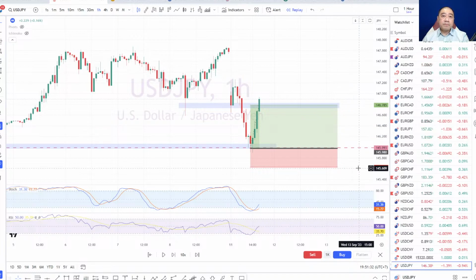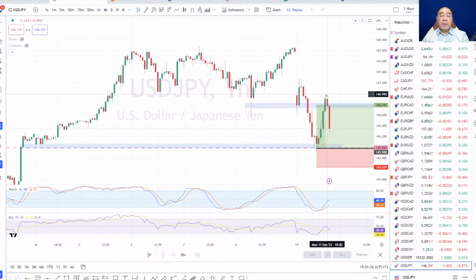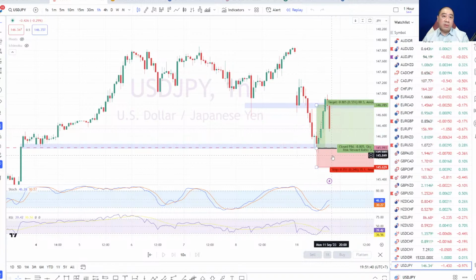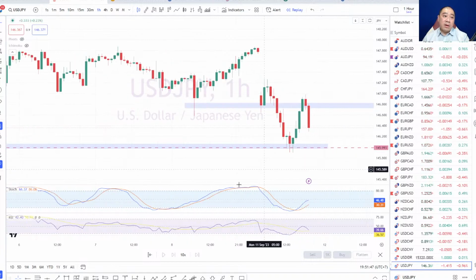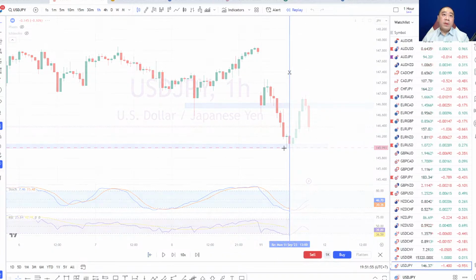All right. So I've got that order close to 147, and then it reverses to the downside. Now, obviously, that's if you want to counter it. If you don't want to counter it, you might be waiting for a sell limit. So let's say it goes all the way down here.